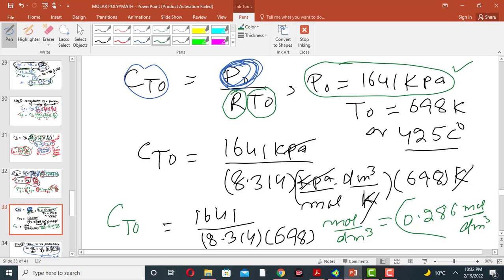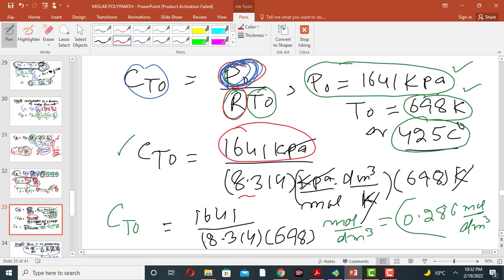T naught is the entering and initial temperature, which is also given to us as 425 degrees centigrade or 698 Kelvin. So Ct naught is equal to P, the value of P is 1641 kilopascal, the value of R is 8.314 kilopascal dm cube divided by mole Kelvin, and the temperature T naught is 698 Kelvin.